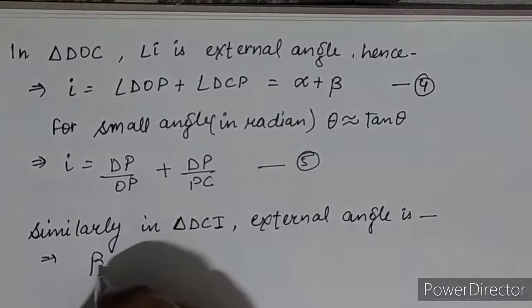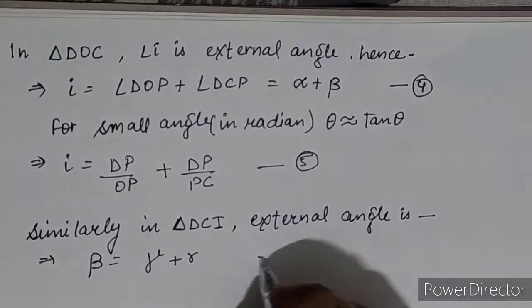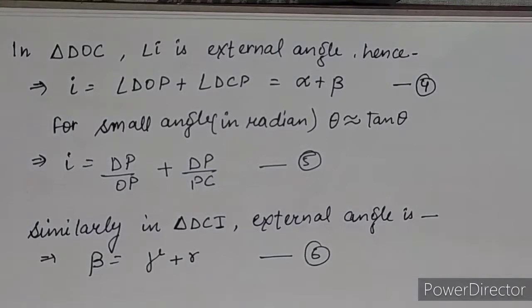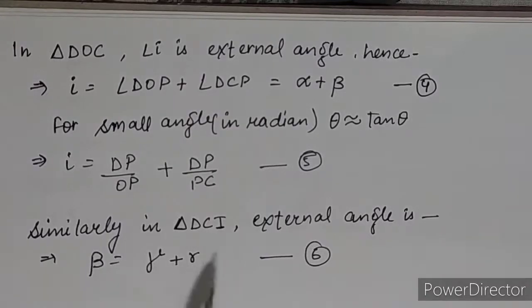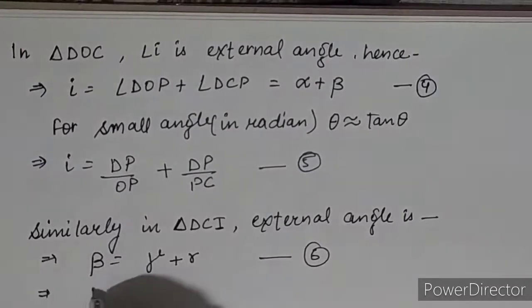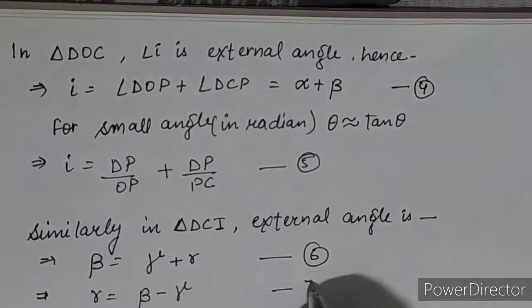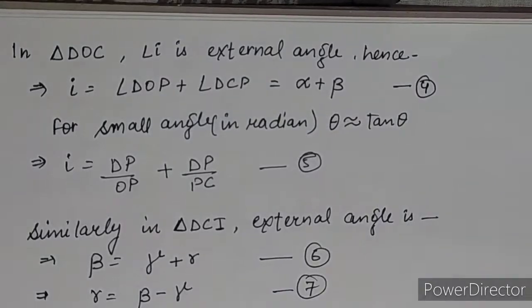So directly I am writing, beta is equal to gamma plus angle of refraction r, equation number 6. Again the angle is very small, so theta is approximately tan theta. Now we have to find the value of r. So r is equal to beta minus gamma, equation number 7. So this will become tan beta and this will become tan gamma.